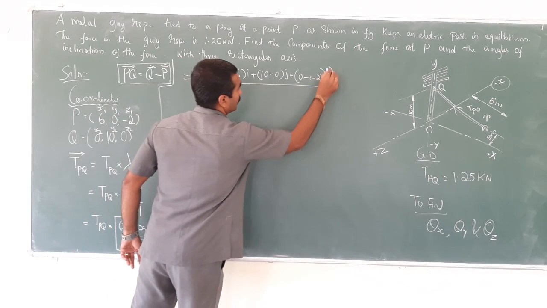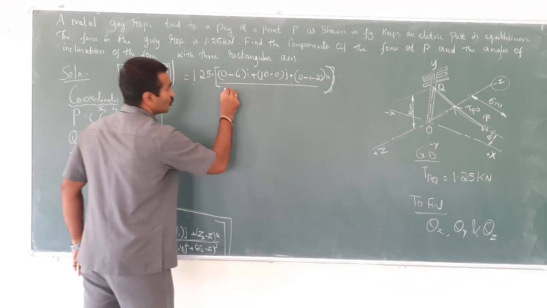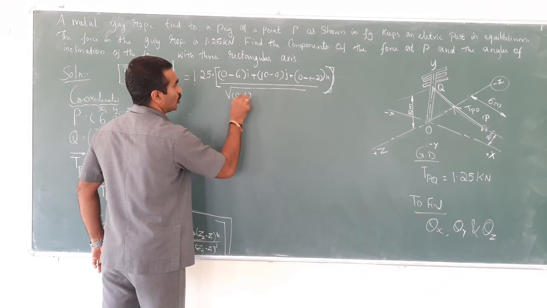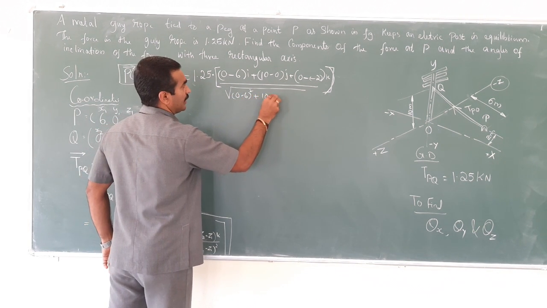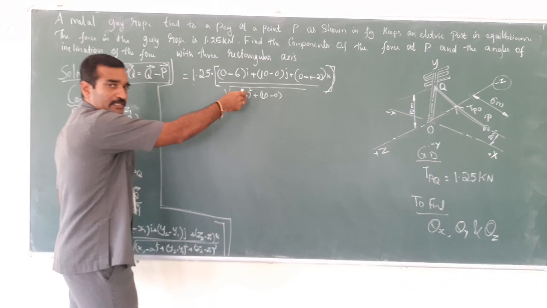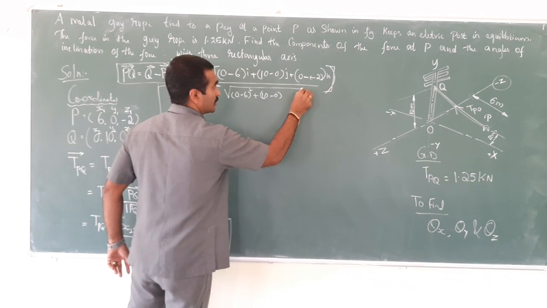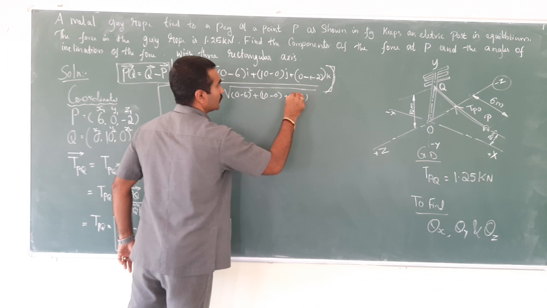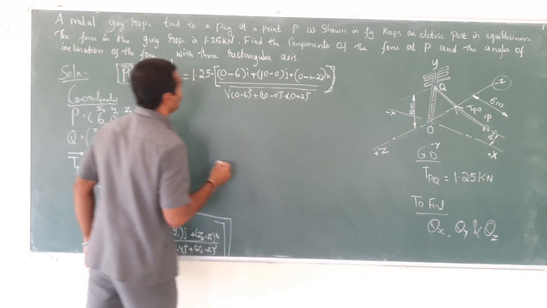divided by root of 0 minus 6 the whole square plus 10 minus 0 the whole square, that is x2 minus x1, y2 minus y1, z2 minus z1, which is already here, plus 0 minus 2 the whole square.